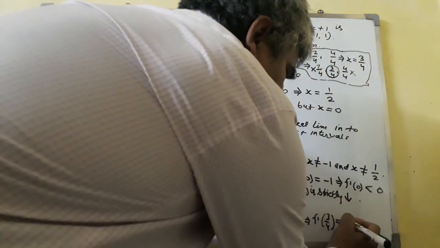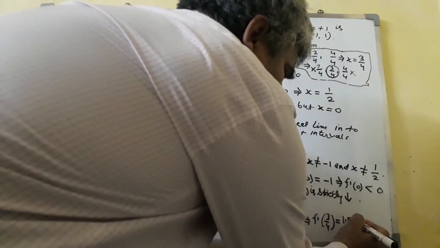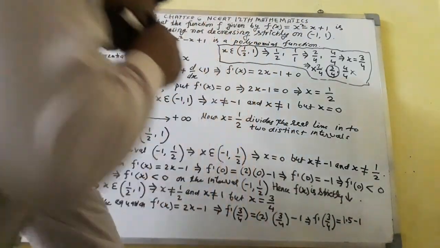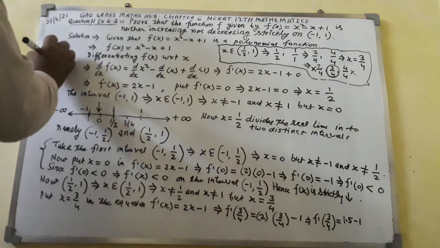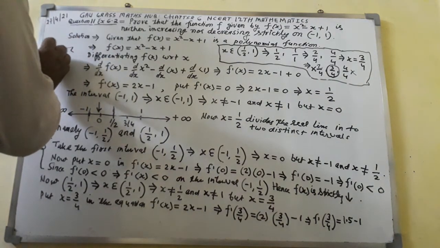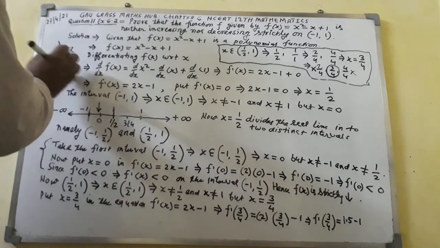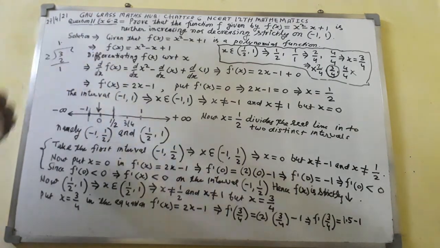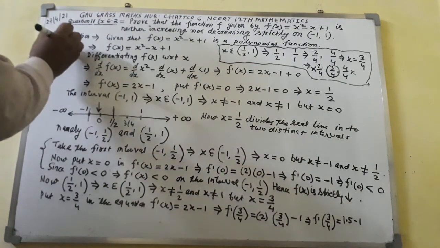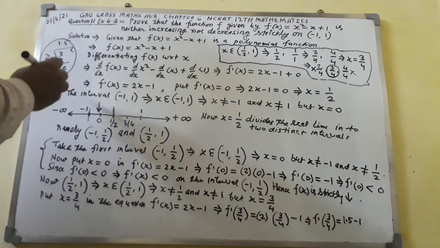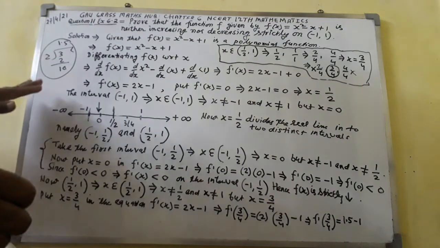So here I write 1.5 minus 1. 3 divided by 2 comes out to be 1 point 5. So you have got this one.